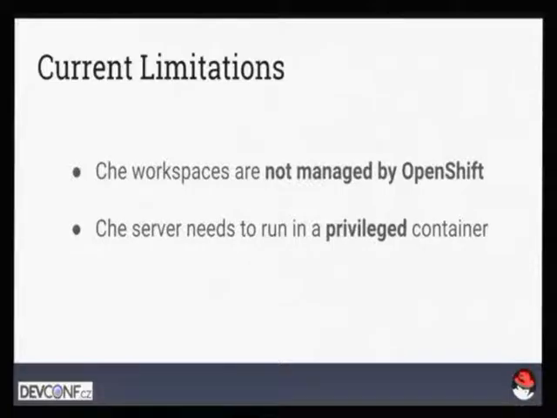We have re-implemented the Docker connector for the OpenShift API. The version running here locally is not yet in the upstream project, and with it we can create new workspaces that will actually be new OpenShift pods.